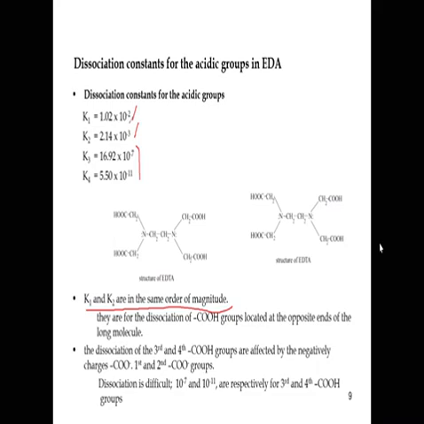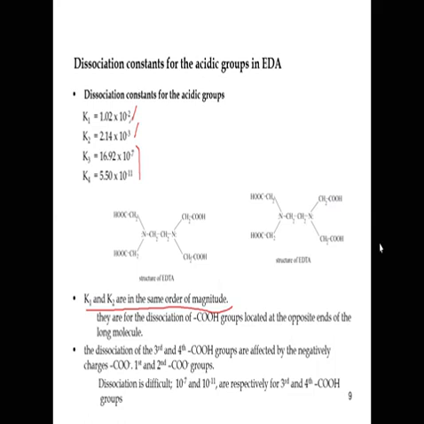So what you have to think about, if you want to get all 4 carboxylic acid groups to dissociate, the first one is easier compared to the second one. Again, the second one is easier compared to the third one.